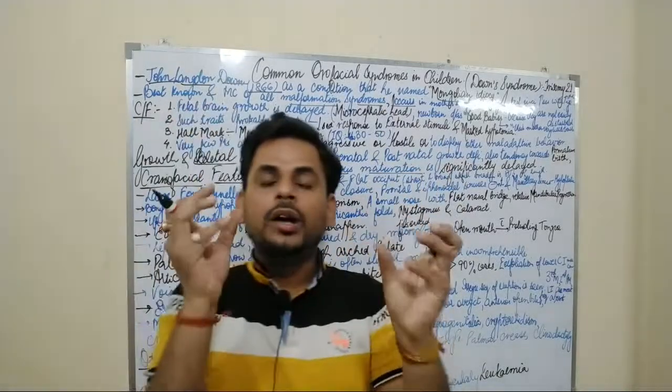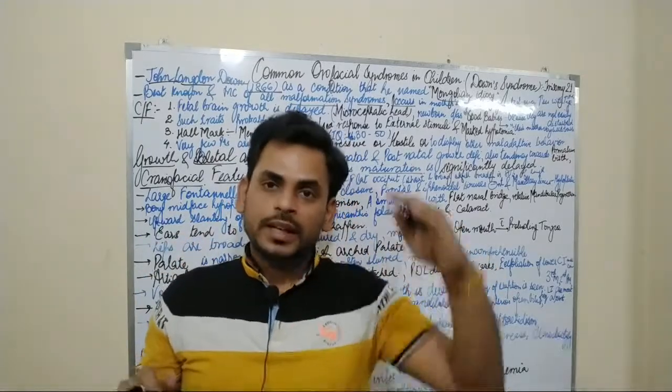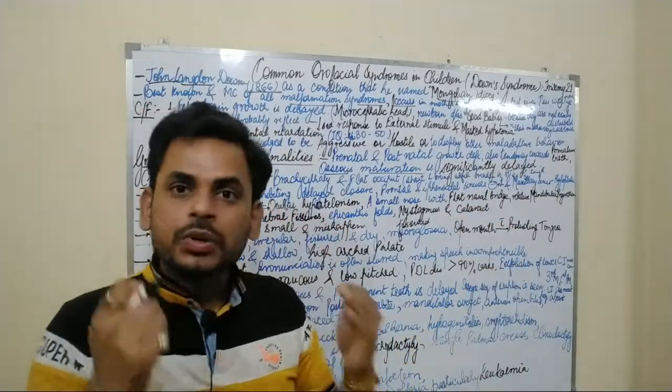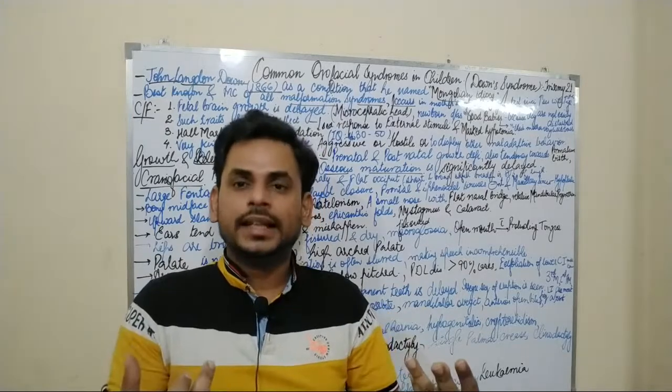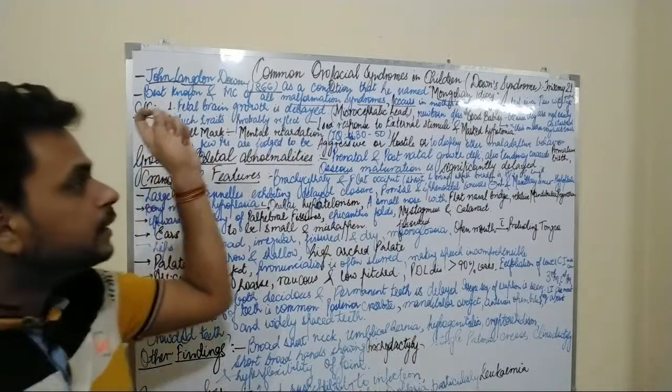Whatever the normal tonicity of the muscle is, in such children the muscle tone shows marked hypotonia. So these children do not respond to external stimuli in the fashion they should respond.